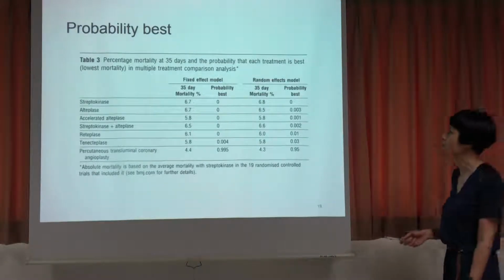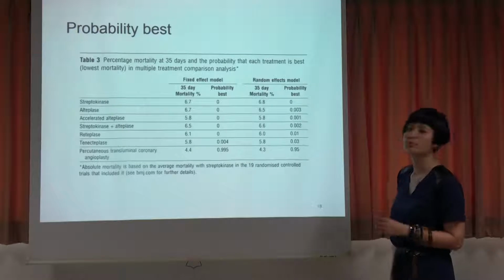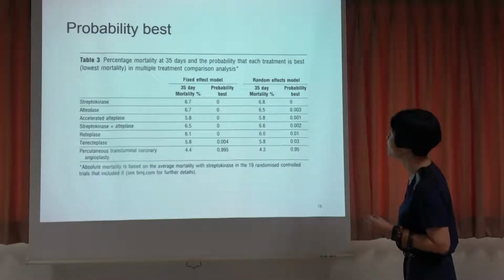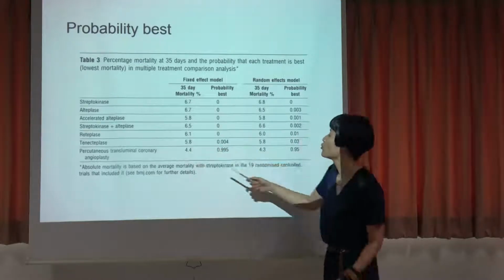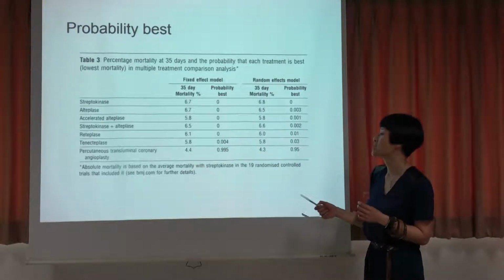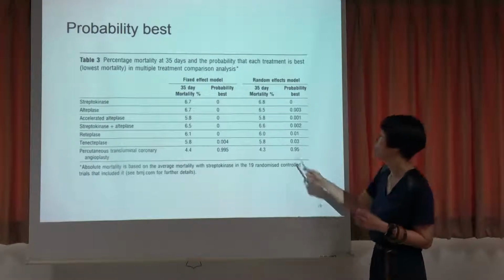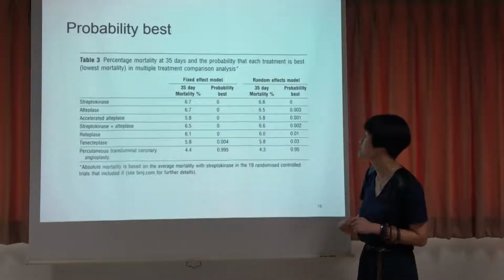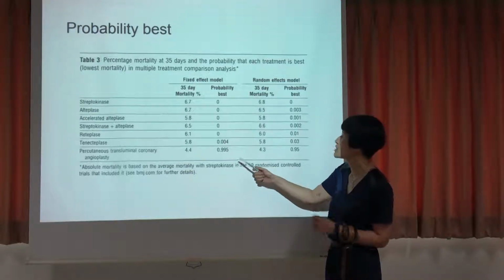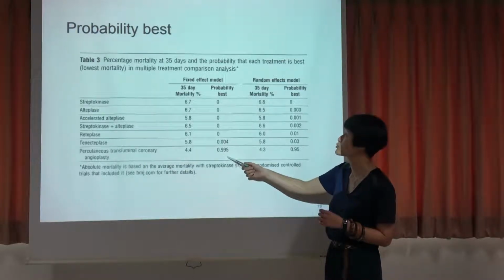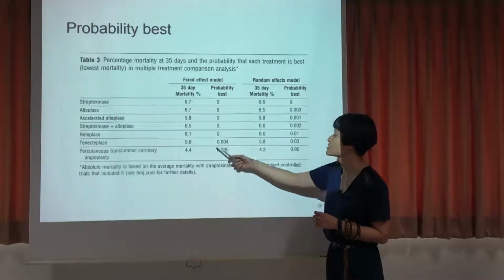And then finally, the next thing you can calculate is probability best, which is really, really helpful. So out of all these options in your network, which one has the highest probability of being the most effective treatment for this particular outcome? So 35-day mortality, and the network meta-analysis results show that PTCA has the highest probability of being the most effective treatment.